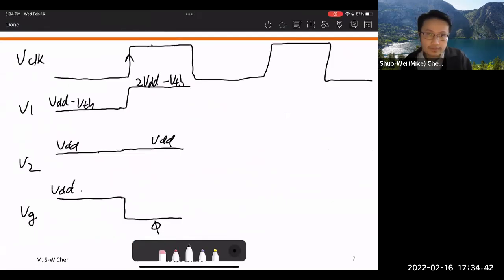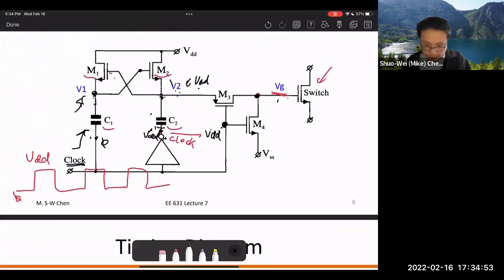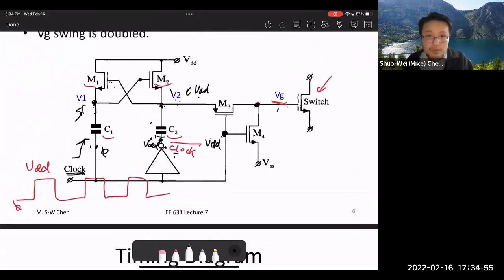All right, so far so good. And then afterwards, of course, the clock will go low. Now, when the clock goes low, that means the clock bar will go high, right? And then again, just like what we had before, instead of V1 getting pushed up, right now V2 gets pushed up, from 0 to VDD.